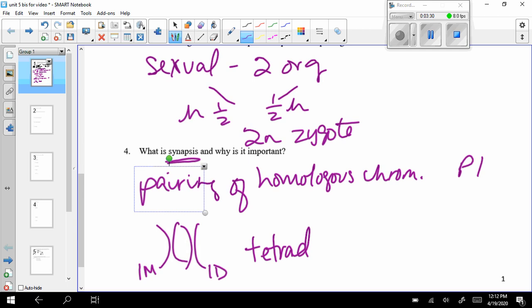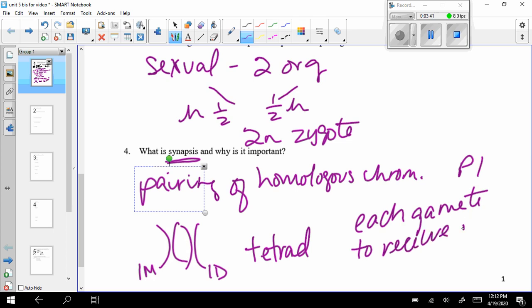And why is it important? Because you want each gamete to receive part of the homologous pair from each parent.